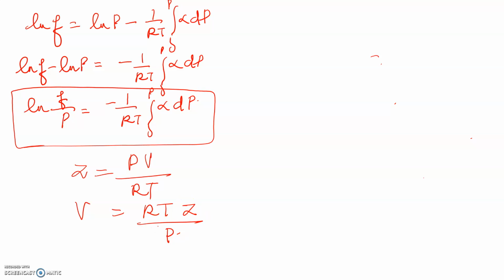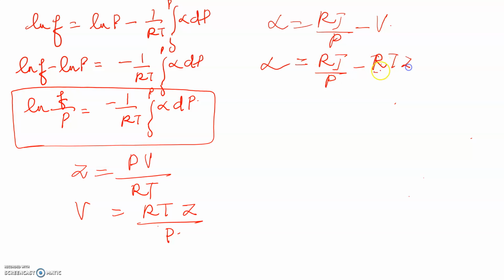But alpha is RT by p minus V. Let's substitute this term for V. Alpha becomes equal to RT by p minus RT Z by p, or this RT is common and 1 minus Z by p.